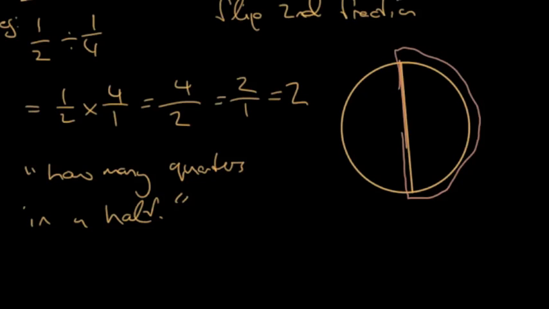Well, I think it's pretty clear. There's 1/4 there, and there's another quarter there. So when we ask how many quarters are in a half, there are 2 quarters. Tick. Good to know.